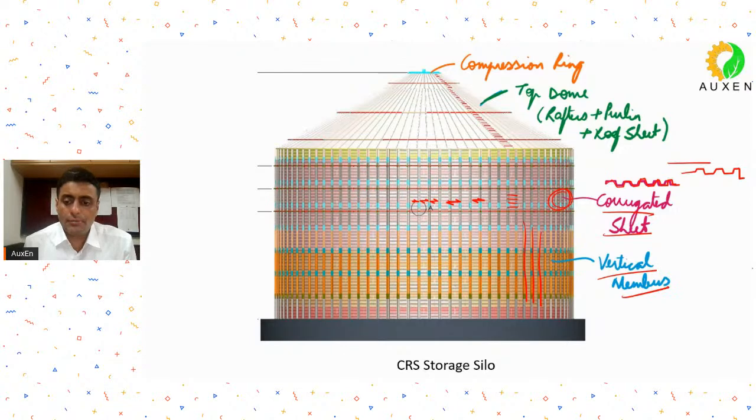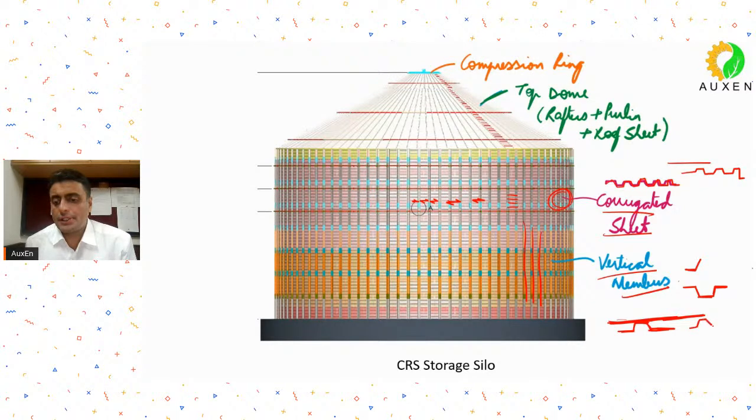These vertical members are also made out of cold rolled sections, and you will have a typical standardized shape, something like this. The connection happens this way: your vertical member is like this, and your sheeting is attached in this fashion.